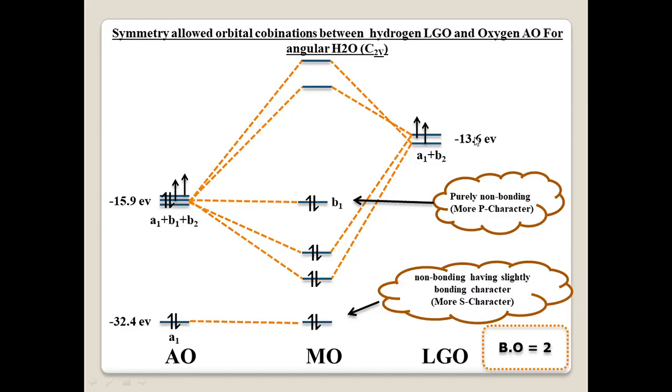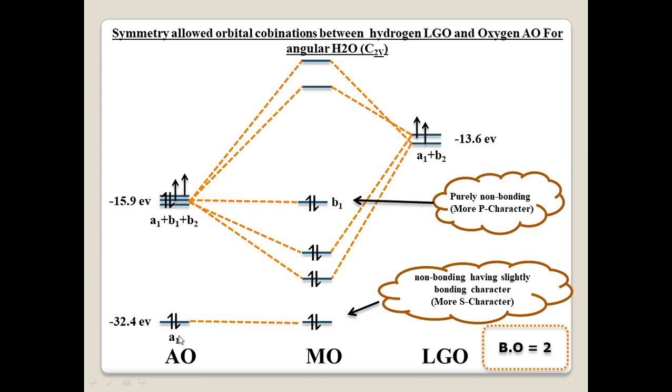The energy of the LGOs of hydrogen will be minus 13.6 electron volt, 2s is minus 32.4 electron volt, and for 2p it will be minus 15.9 electron volt. The left side is for your oxygen and the right side is for your hydrogen. Now come to discuss this diagram.